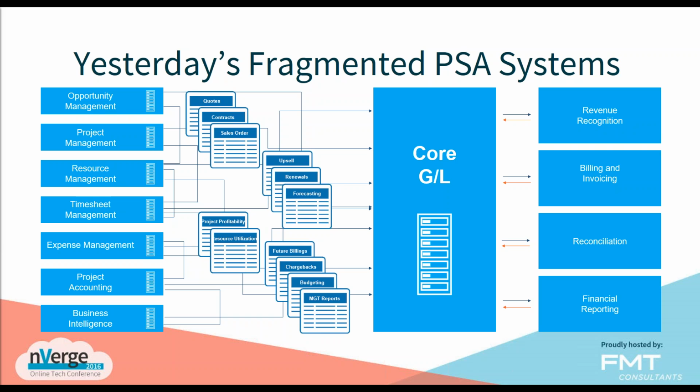And then over to the right, performing all of your different reconciliation functions and billing functions, and maybe maintaining revenue recognition schedules, all outside of the system. It's all disconnected. You don't get the audit trail that you really need for those types of processes when you have the fragmented solution.